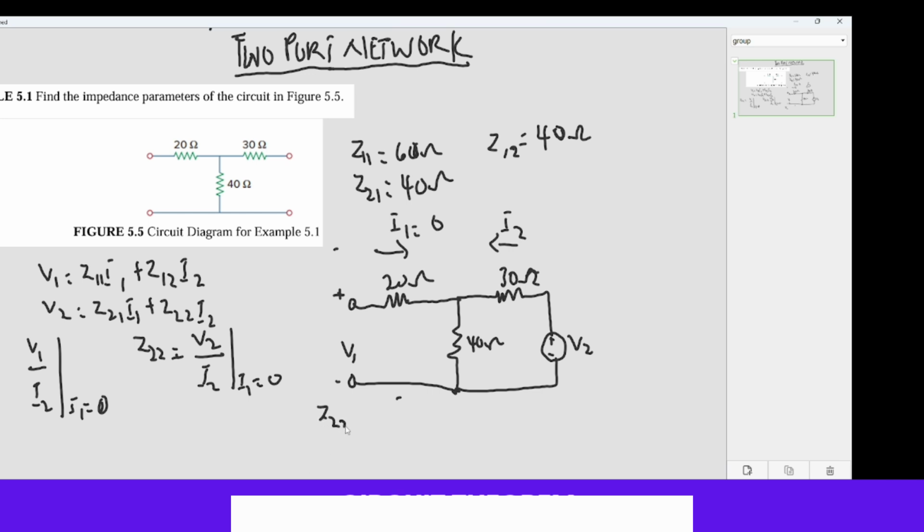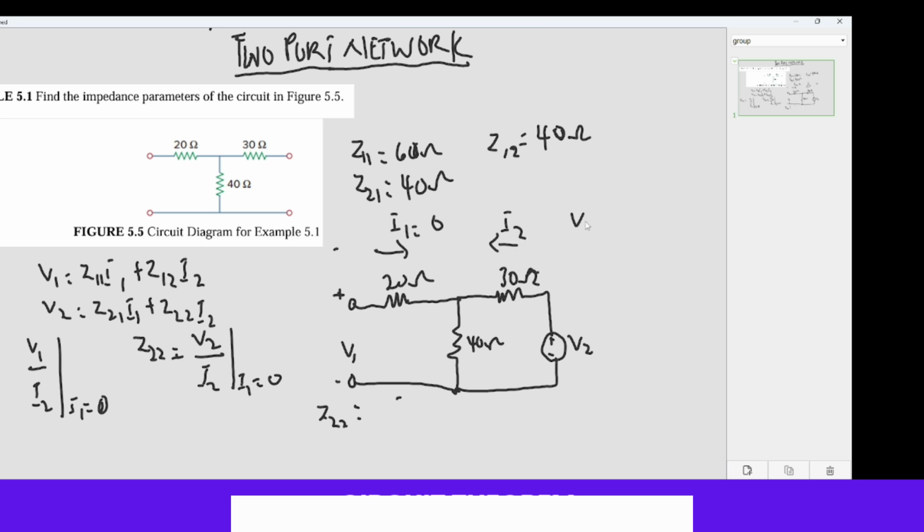Z22 is equal to V2 over I2. But what is V2? V2 is equal to the sum of the voltages in this loop. So we have to find the voltage across 30 ohms and the voltage across 40 ohms. But in all, the current flowing through them is I2.